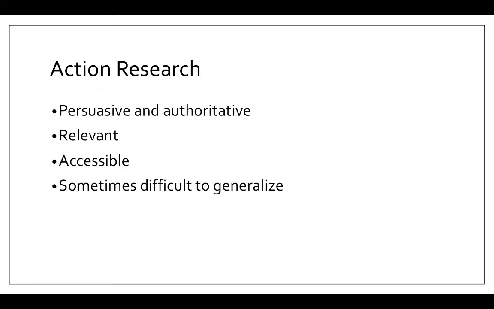It's relevant, it's accessible, meaning that people can read it and understand it, unlike some academic articles that maybe you have tried to read. And it's sometimes difficult to generalize because it's done within a specific setting that may not be generalizable to other settings.